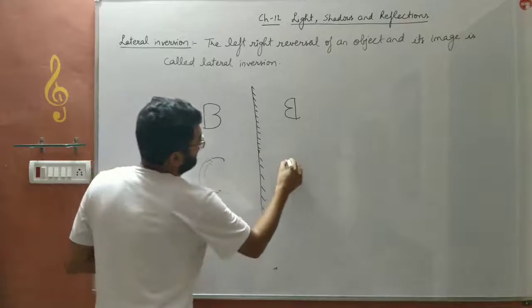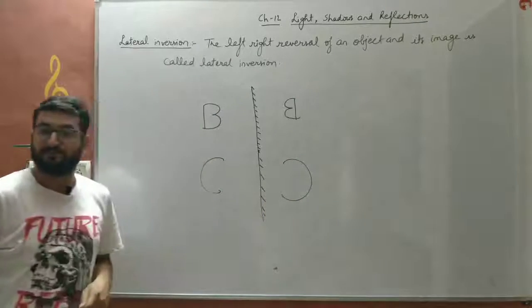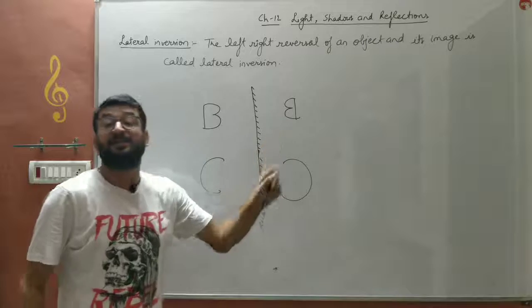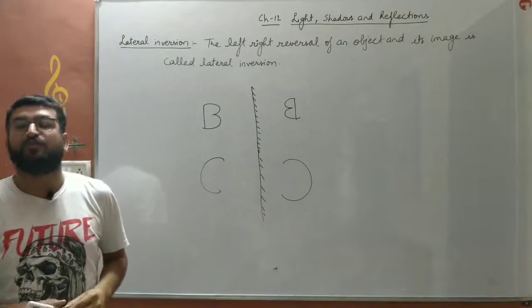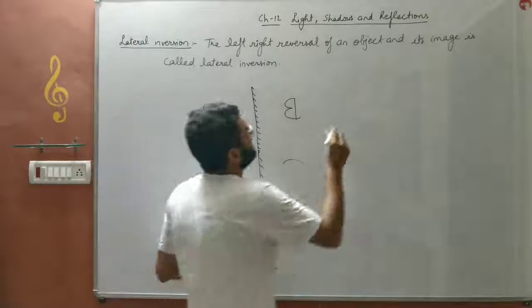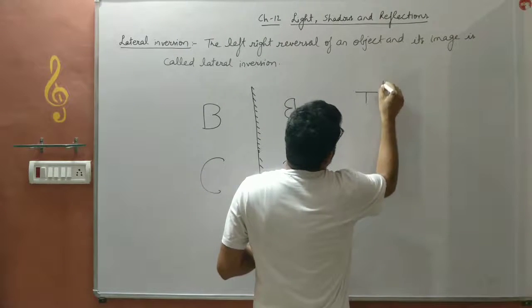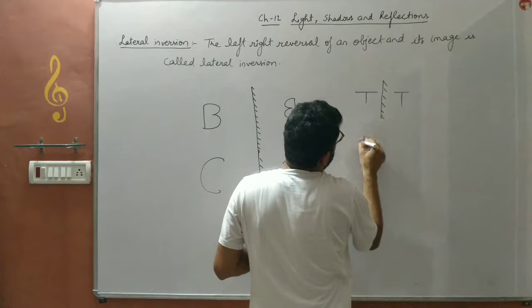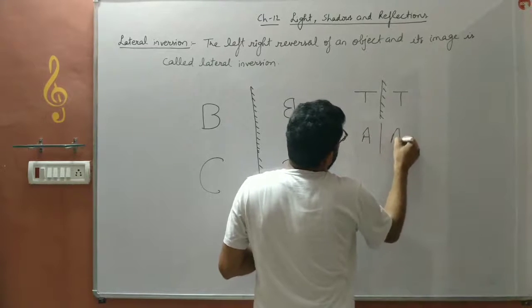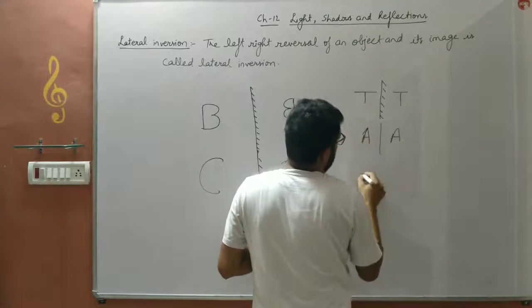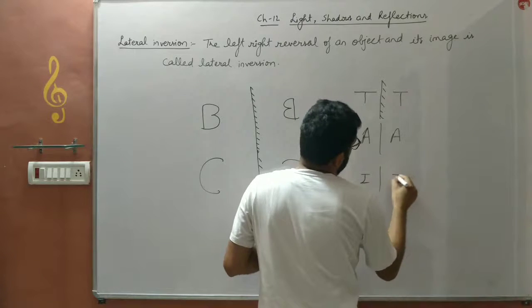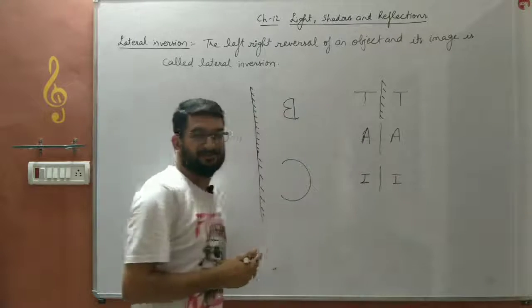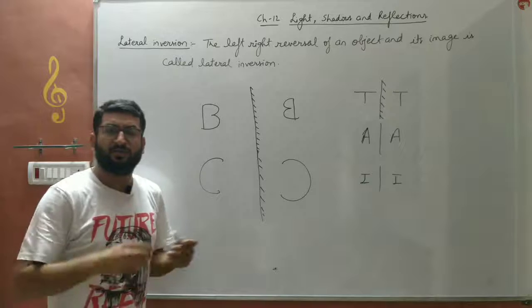C represented as this. So this left-right reversal is known as lateral inversion. Only a few alphabets remain as they are, like T, A, I, U, V. They do not laterally invert.